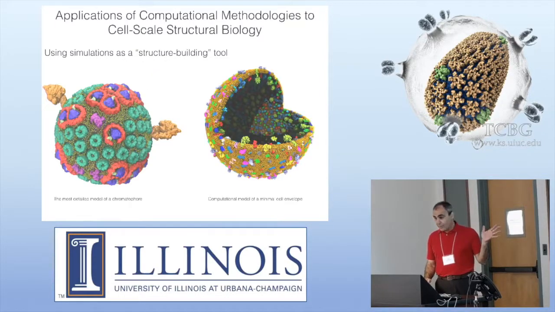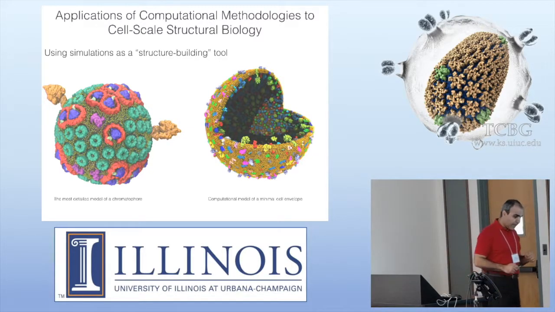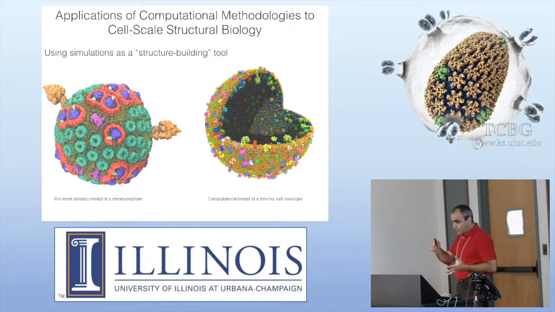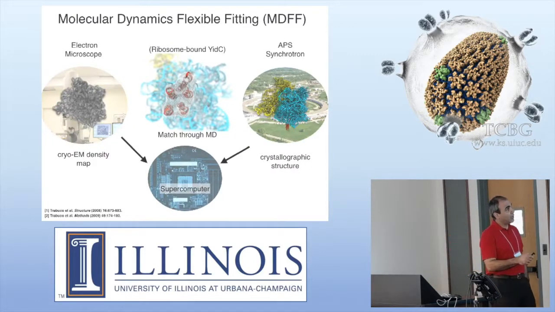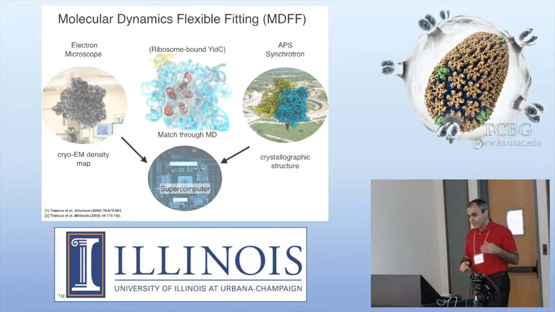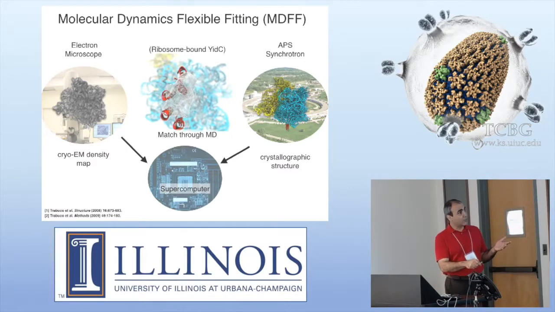Another application of these advanced technologies, in which we are steering the system into a particular direction, is when you are trying to put together models at the scale of cellular systems. Just putting them together requires a lot of effort. One famous application is what we call molecular dynamics flexible fitting. Electron microscopists usually come up with a low resolution electron density of a molecular system, and you would like to build a structural model into those densities.